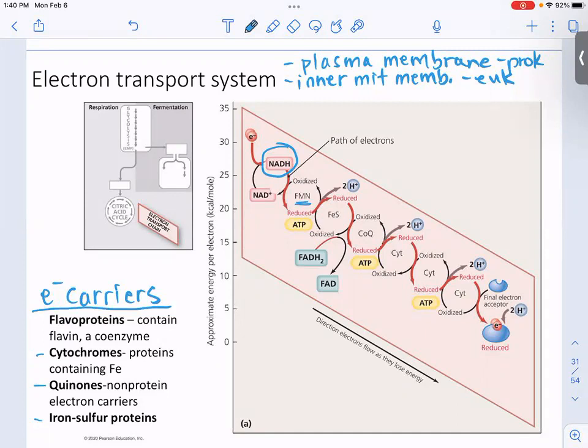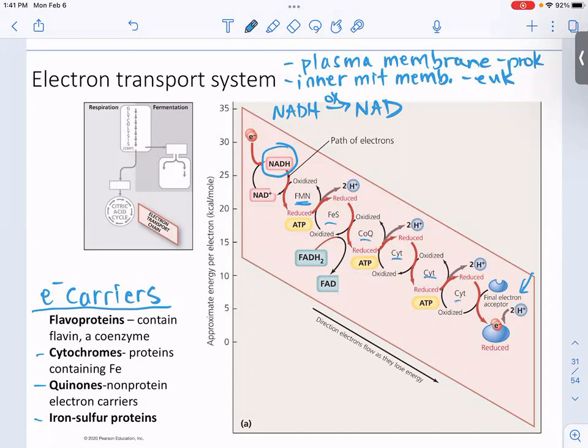So NADH is oxidized to NAD. That's where the term oxidative phosphorylation comes in. As we'll see, there is some final electron acceptor that's absolutely necessary, but it doesn't have to be oxygen when we're talking about bacteria. So the NADH is oxidized, dropping off its electrons.